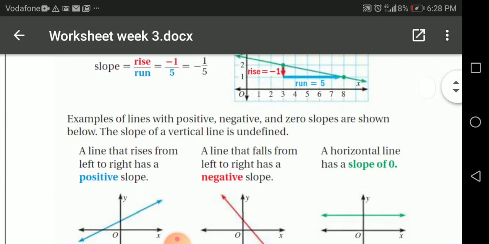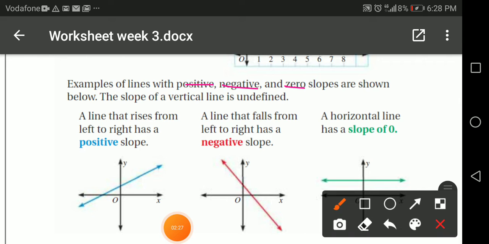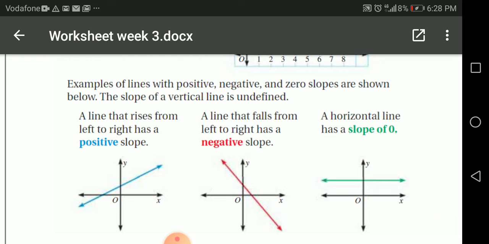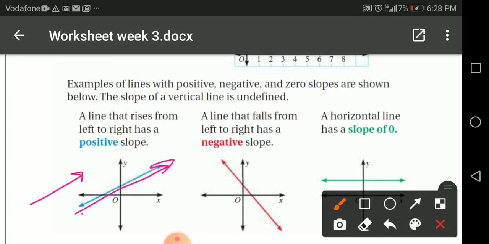Let's complete. Here we have some examples of lines with positive, negative, and zero slopes shown below. The slope of a vertical line is undefined. The line that rises from left to right is called a positive slope.